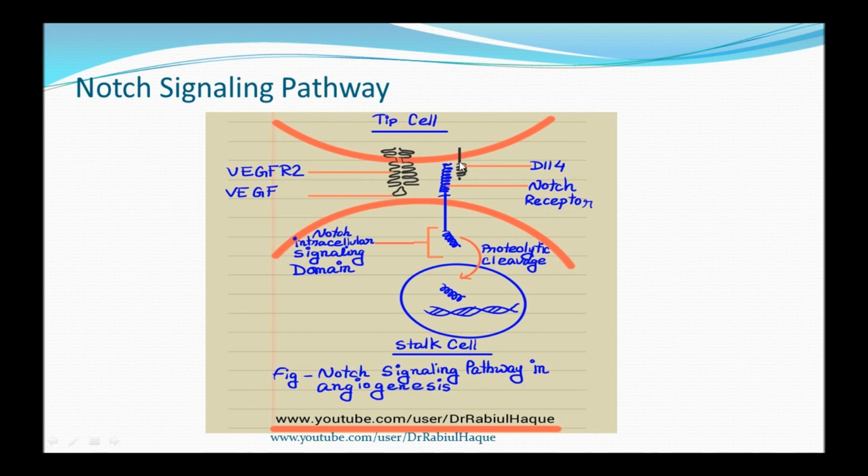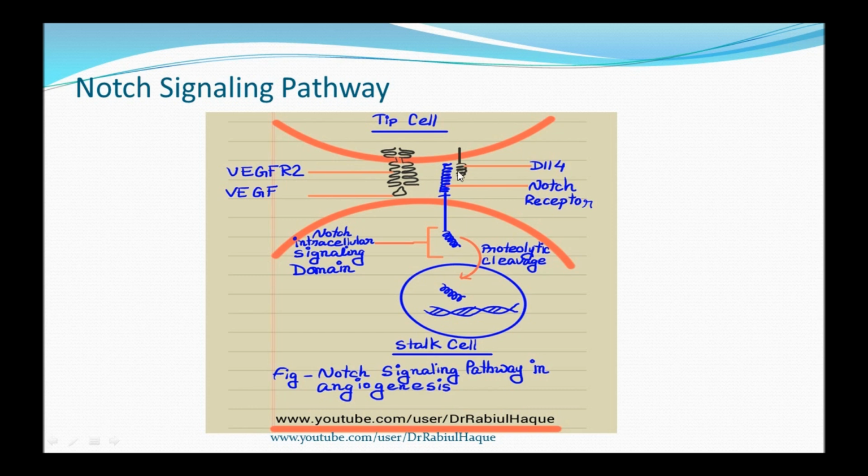Now on the bottom side you can see the stalk cell. The stalk cell has the notch receptor, and look what is happening when the notch receptor of the stalk cell is interacting with the delta-like ligand of the tip cell. That will result in several phenomena.